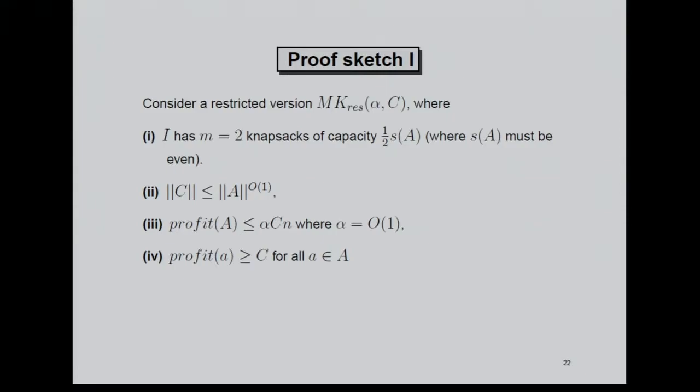And then the profit values should be like this. Every item has a profit of at least the value c, and the overall profit of all items is bounded by the value c times alpha times the number of items, n. And alpha should be constant here. So let us assume that we have such a restricted version. I will show you later how to obtain these in both cases.